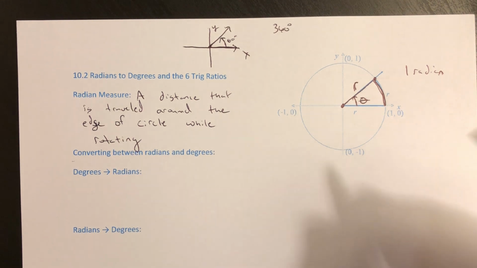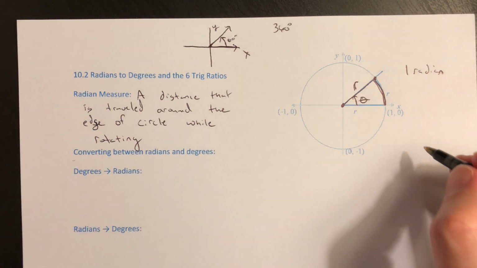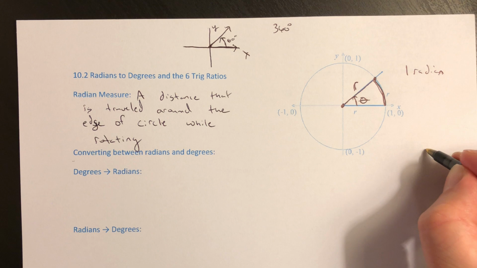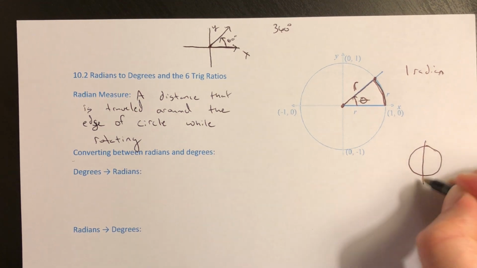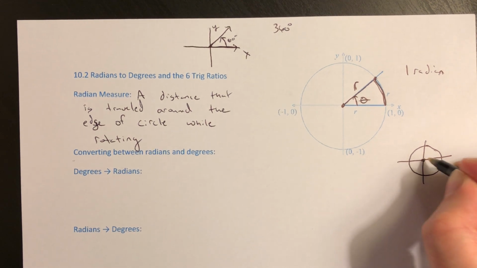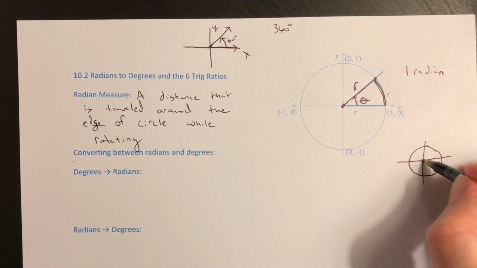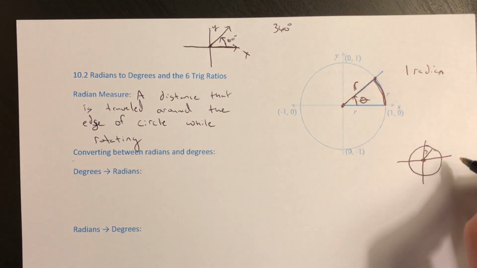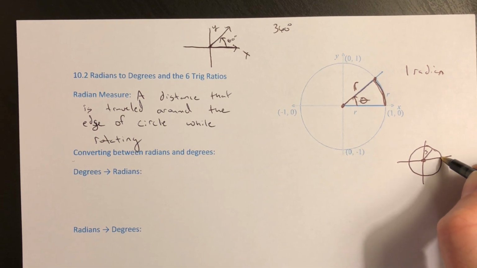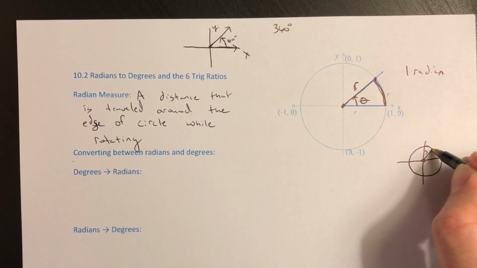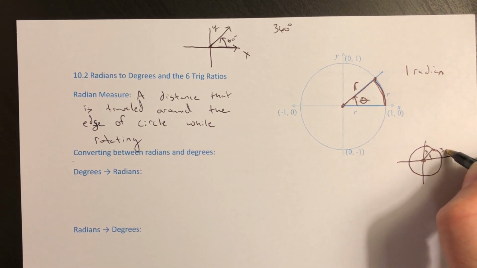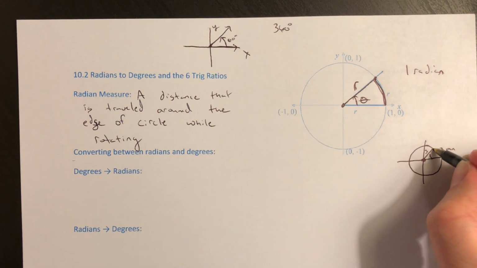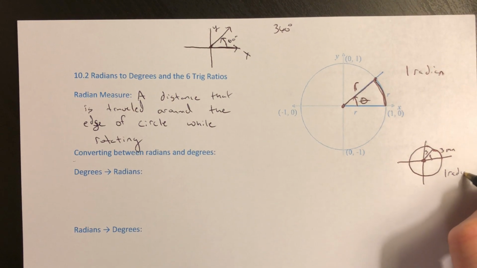Okay, so let's say I drew a circle, and let's say my radius is 3. If I rotate a distance around, so if I rotate to here, and I rotated 3 units as well, let's say this is 3 millimeters, that means that I traveled 1 radian.